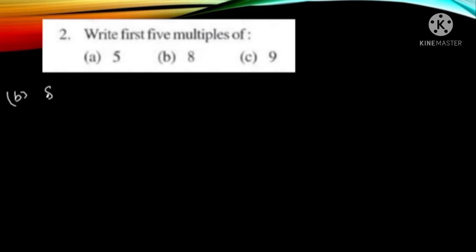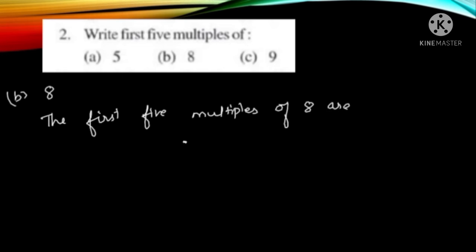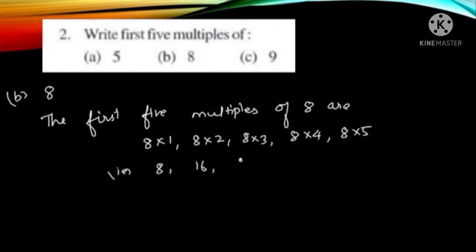Next, subdivision B, 8. So the first 5 multiples of 8 are 8 ones are, 8 twos are, 8 threes are, 8 fours are, 8 fives are. That is, 8 ones are 8, 8 twos are 16, 8 threes are 24, 8 fours are 32, 8 fives are 40.